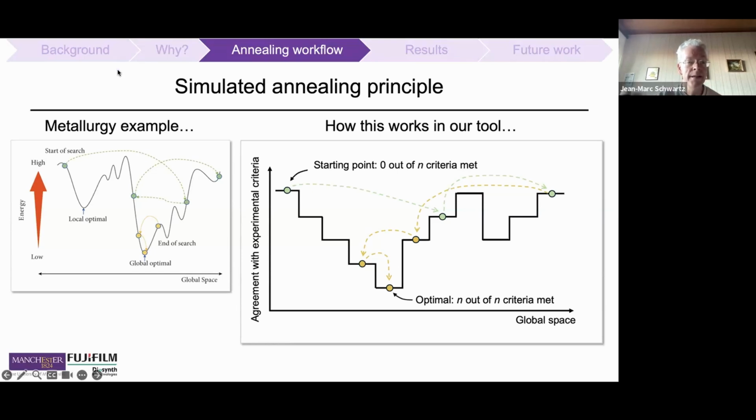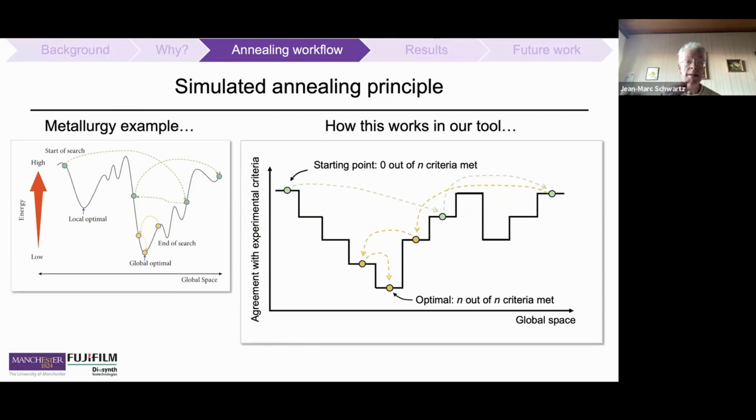And the advantage of this is that this algorithm is quite good at escaping local optima. So, for example, if the algorithm was falling into a local optimum, which is not the best optimum, it still has a chance of leaving this valley and going back to finding the real optimum.